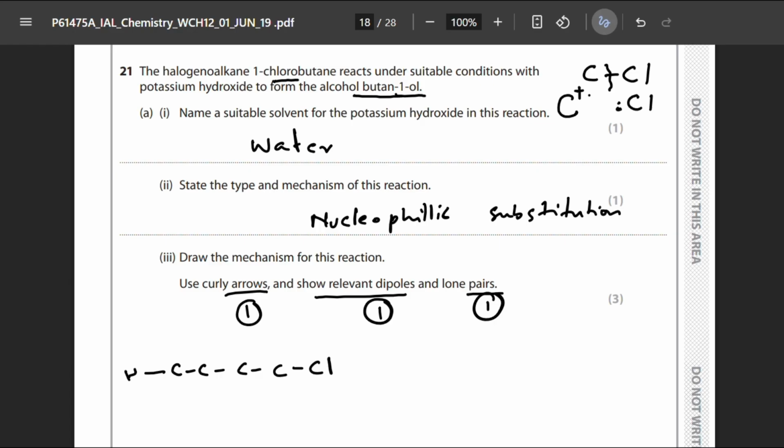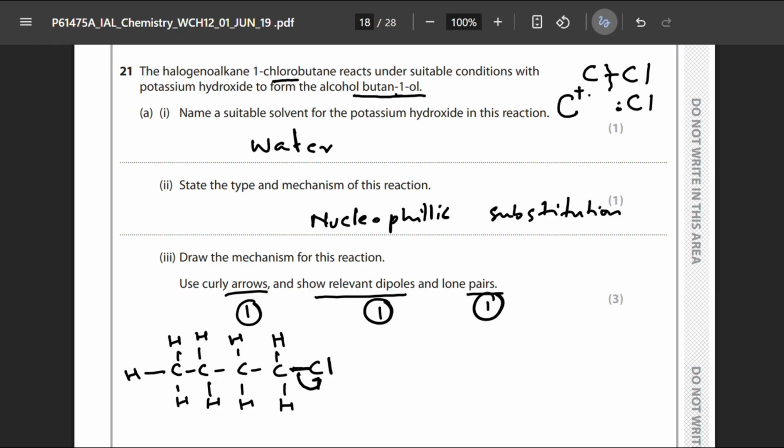Now we have 1-chlorobutane. This is butane where the chlorine is attached to the first carbon. Butane has 4 carbons, and 1-chlorobutane means chlorine is attached to the first carbon.